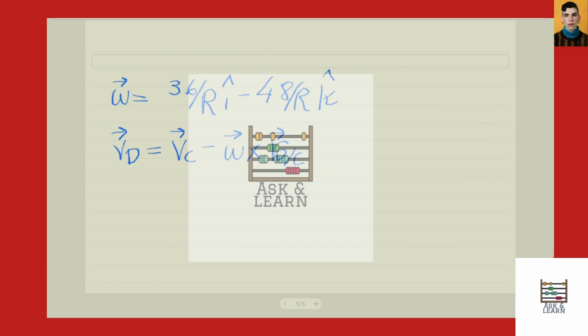We can calculate this one. We do know this one, and we can get that one. Let's express this again in the form of a determinant.